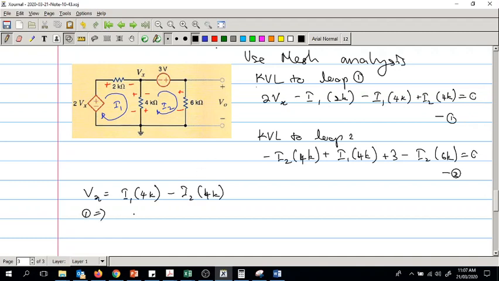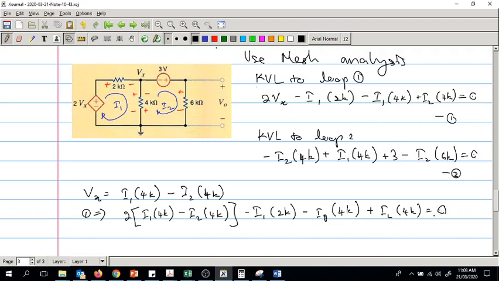can be rewritten as twice Vx, that is I1 4k minus I2 4k, minus I1 2k minus I1 4k plus I2 4k equal to 0, right?